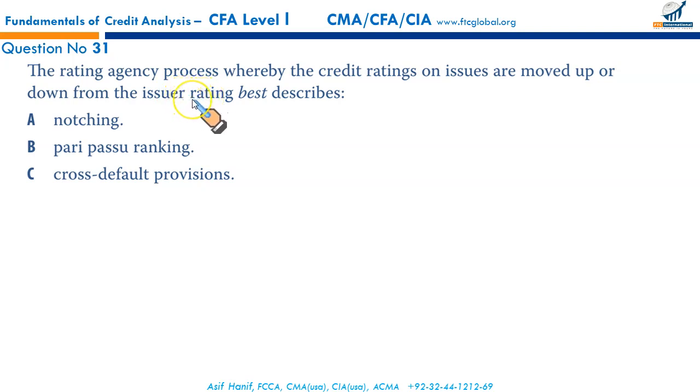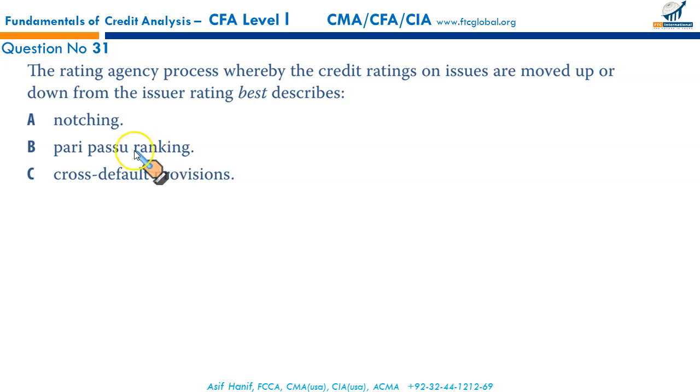A process whereby the credit ratings on the bond issues can be moved up or down from the issuer rating. And what is the issuer rating? Senior unsecured loan or bonds. So that is notching. And then what is pari passu? Pari passu charge means that when the issuer company that has issued bonds goes into dissolution, or when there is a liquidation issue, the assets over which the charge has been created will be distributed in proportion to the creditors' respective holding in that particular asset.